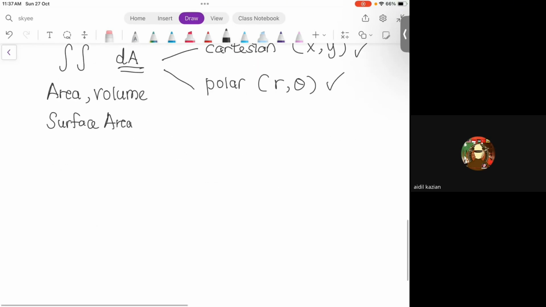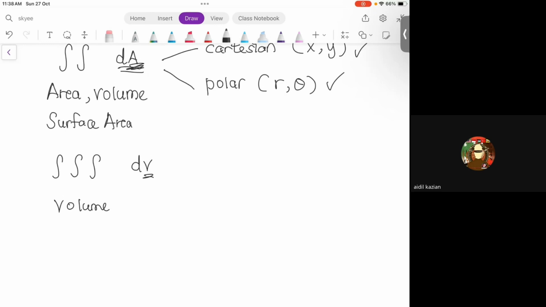Next, we will have triple integrals, meaning that you have to perform the integration 3 times. This one is not represented by A anymore. It is represented by V because we will be using it to find the volume of a 3D graph.